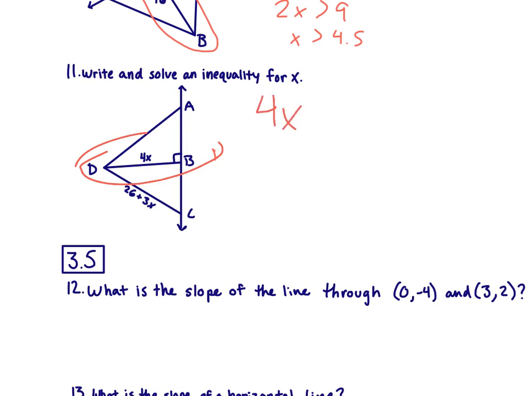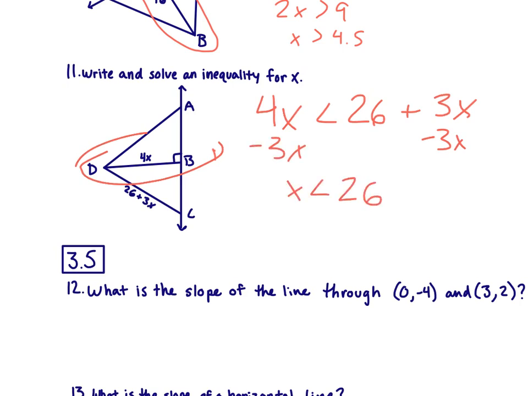So 4x will be less than 26 plus 3x. So the perpendicular side is always going to be less than the other side. And then we can just solve for x. So you get x is less than 26.